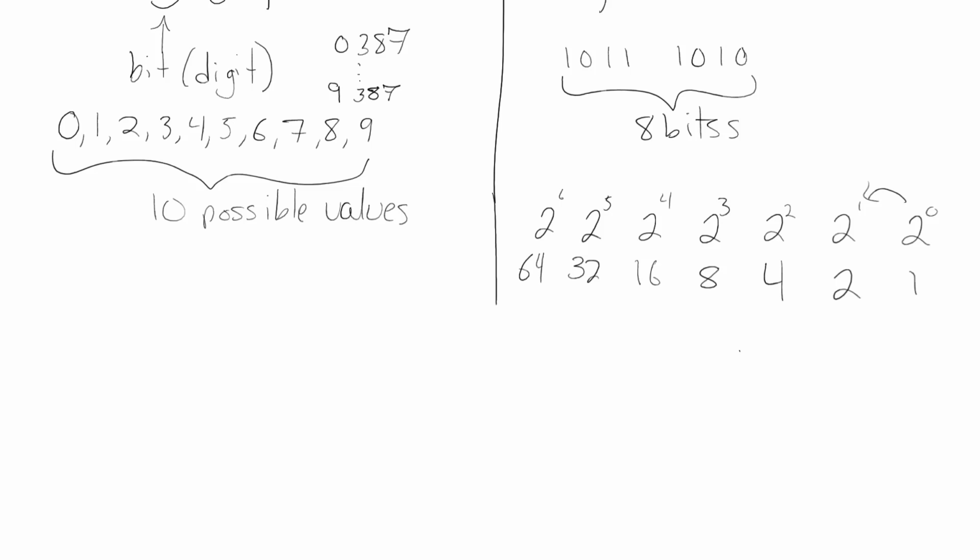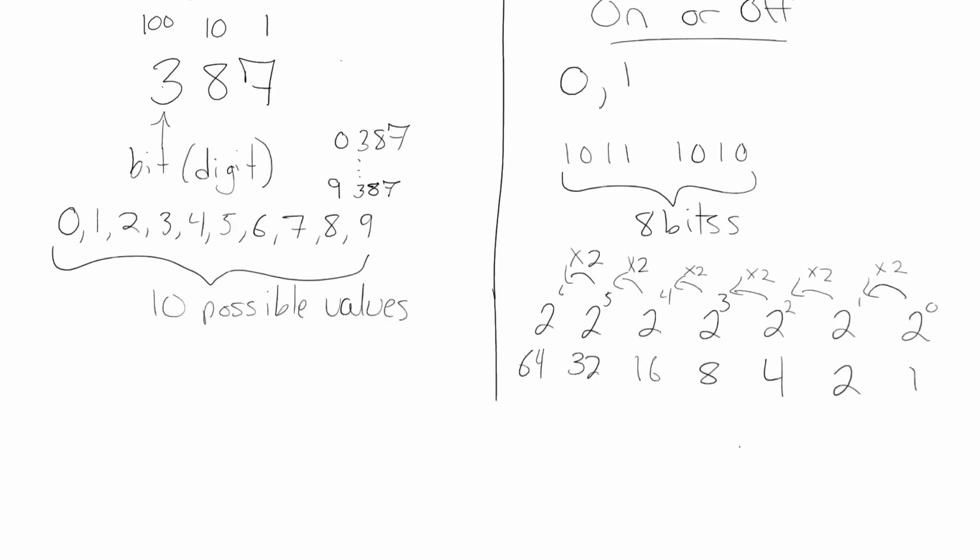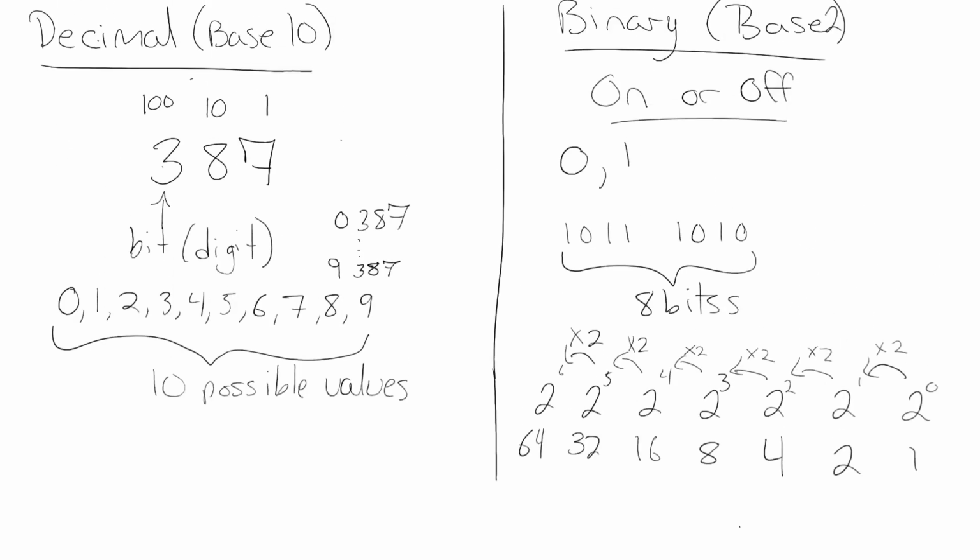You'll notice that each time we're really just multiplying by 2. So if you can't remember off the top of your head what 2 to the power of 5 is, that's fine as long as you can multiply 16 by 2, which gives you 32. This is not unsimilar from when we did 1 times 10 and 10 times 10 to get 100.